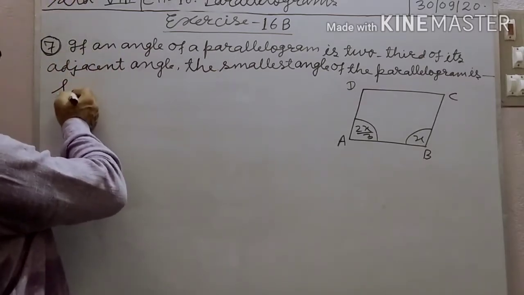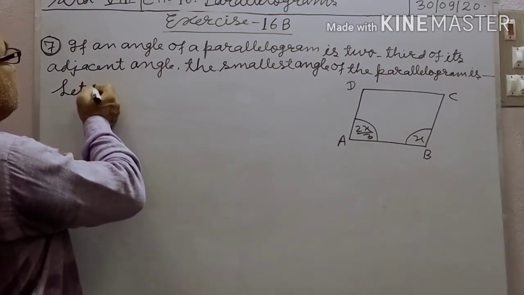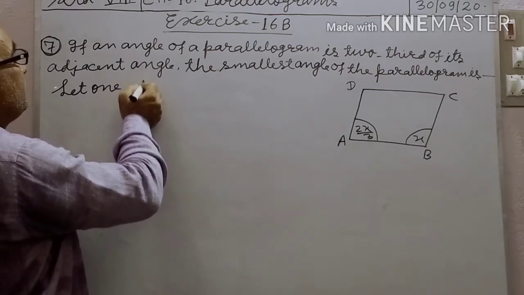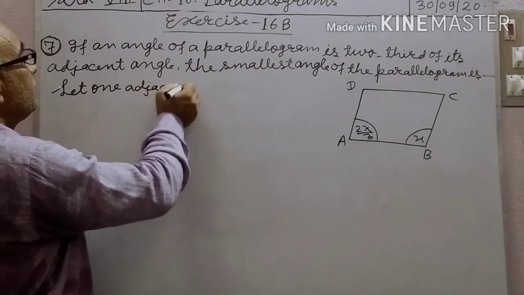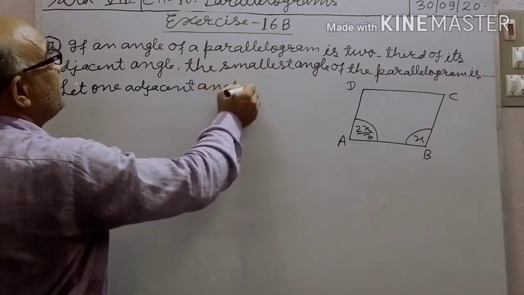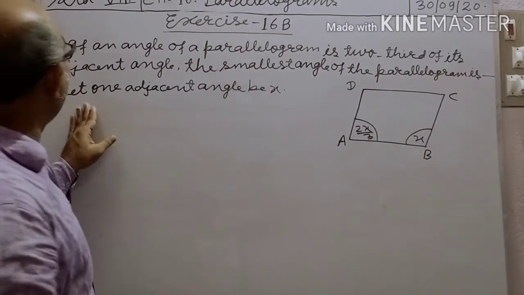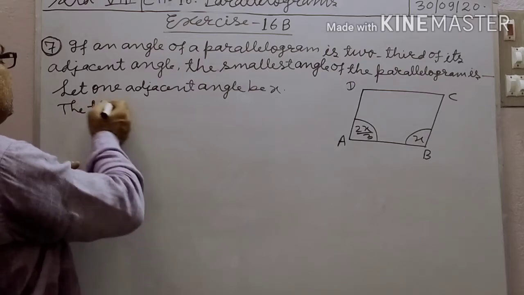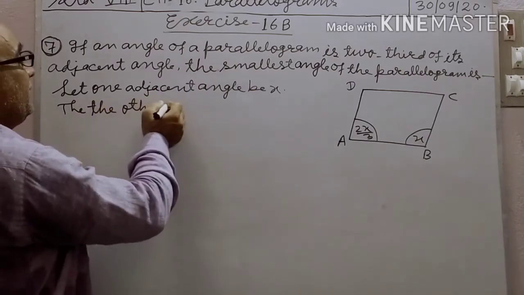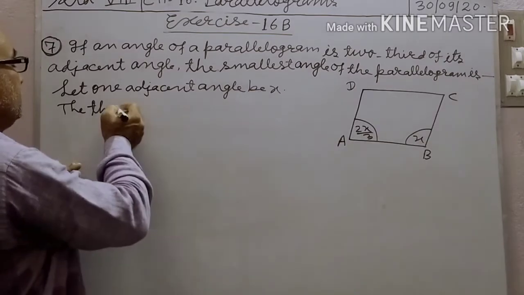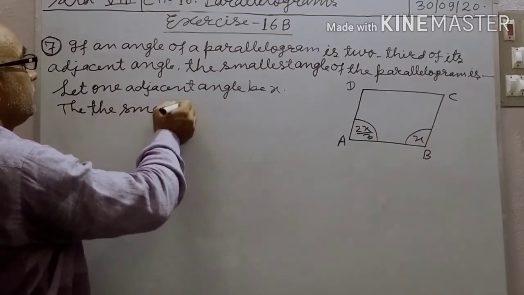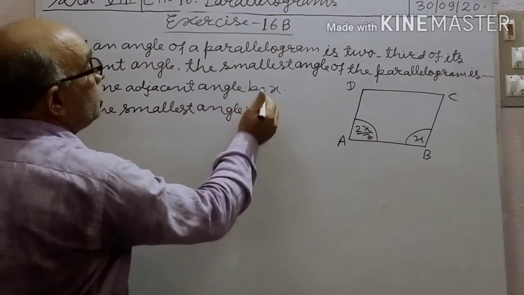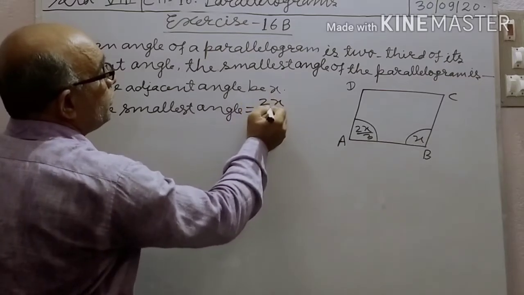So let one adjacent angle be x. Then the other angle, which is the smallest angle, equal to 2/3, means 2x by 3.